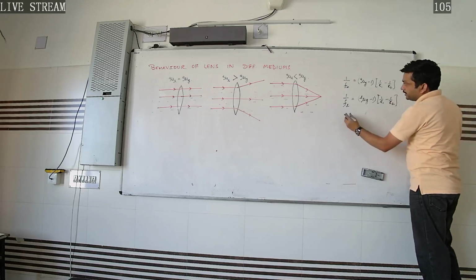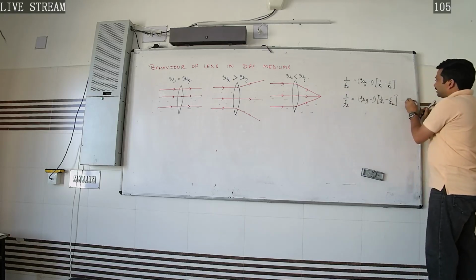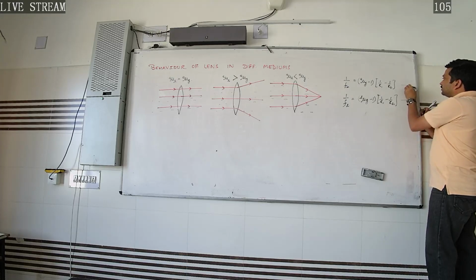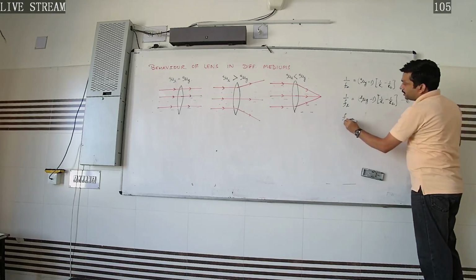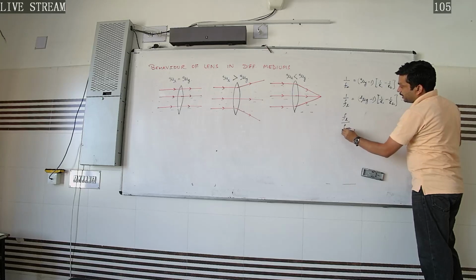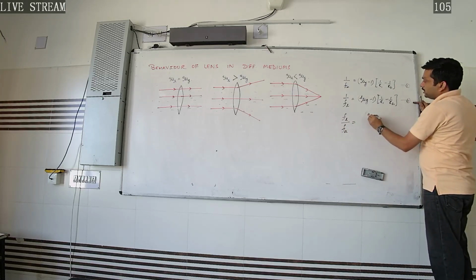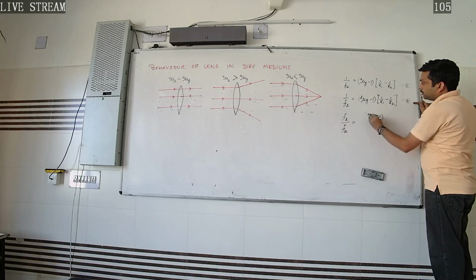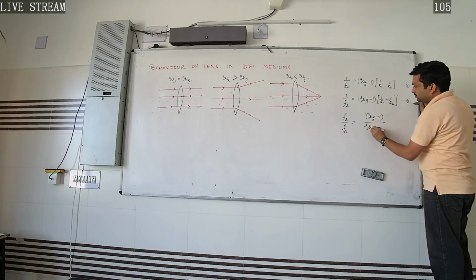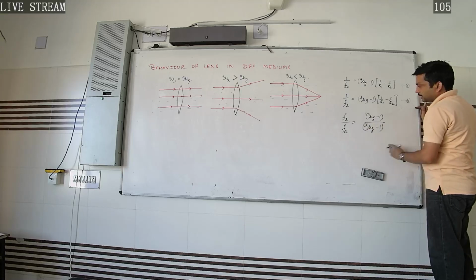So what was happening here? Dividing equation 1 by 2, we get FL over FA. We have divided this equation by this, so (aμg − 1) over (LμG − 1) was coming out.